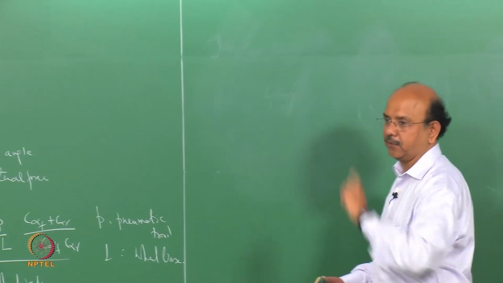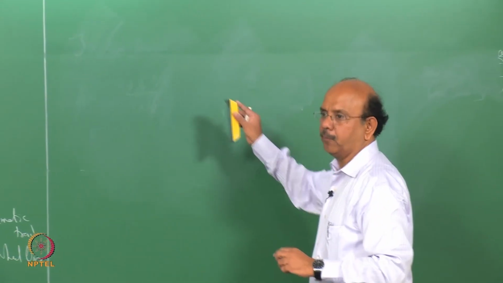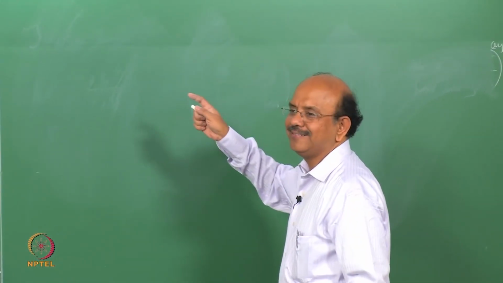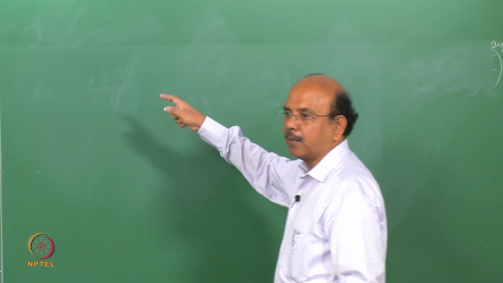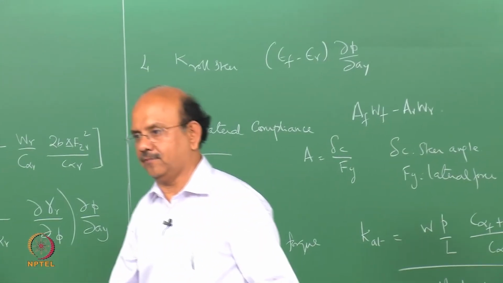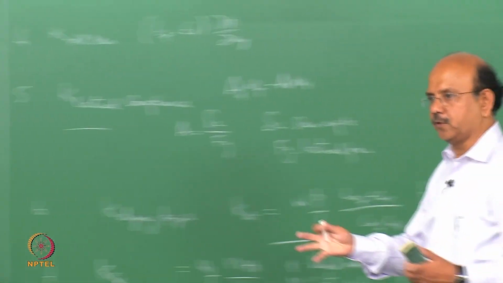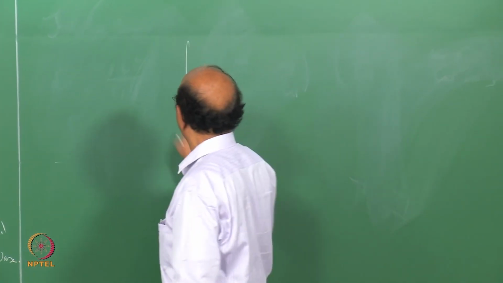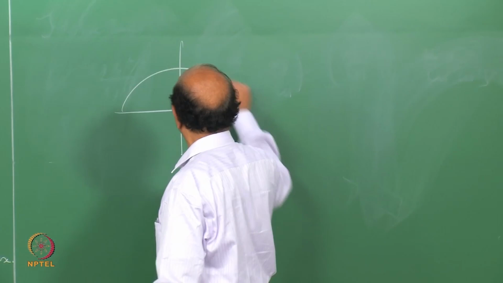You're right, I understand your question. We're going to talk about that in a minute. In other words, what you are asking is whether this will steal some of the force for Fy. Of course, it's going to steal. This formula doesn't bring that out. That is what we call the friction ellipse.